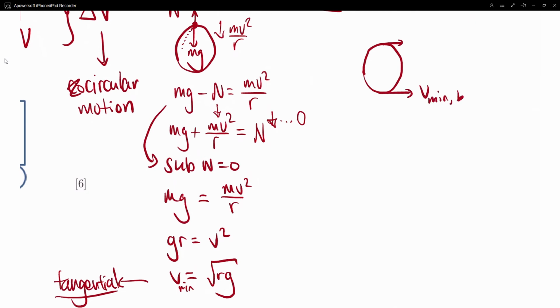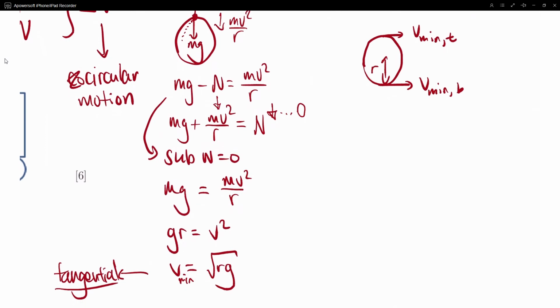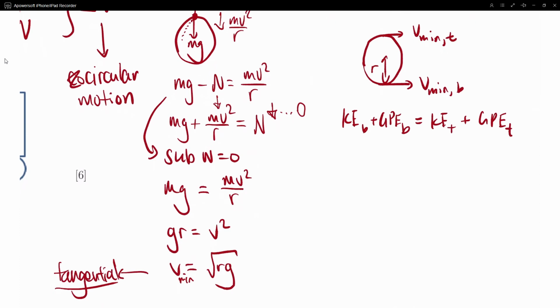We'll just use conservation of energy. This is going to be r, and we can write that KE at the bottom plus GPE at the bottom is equal to KE at the top plus GPE at the top. KE at the bottom is half m vb squared plus 0, equals half m v squared, where v squared is rg.